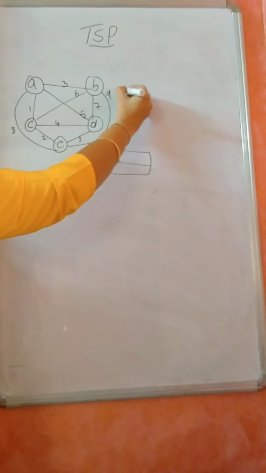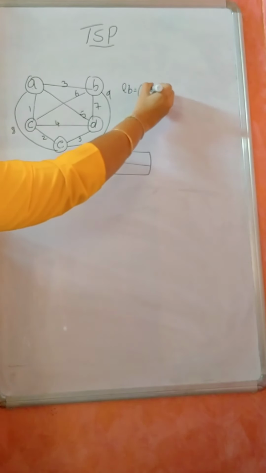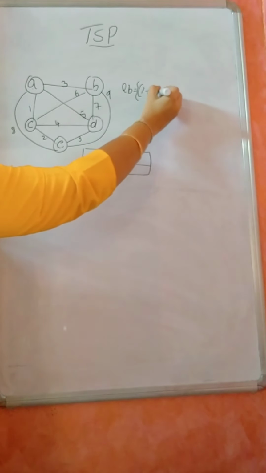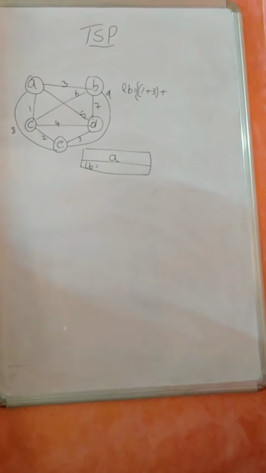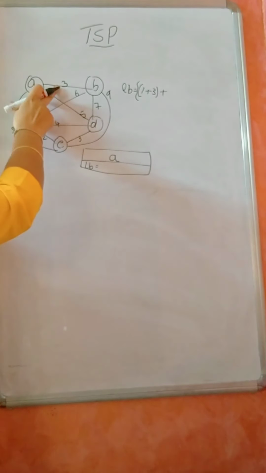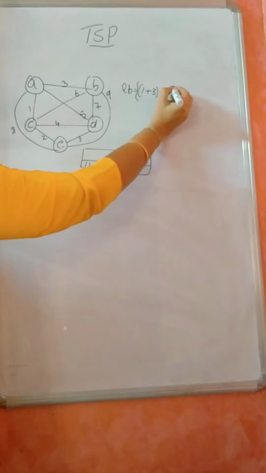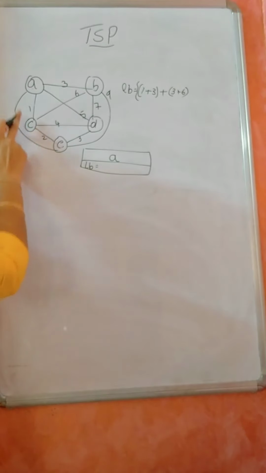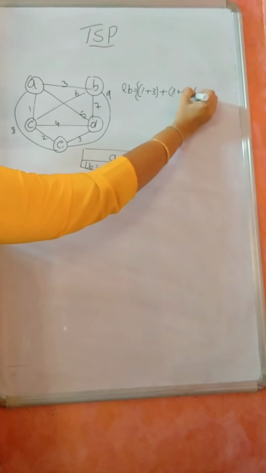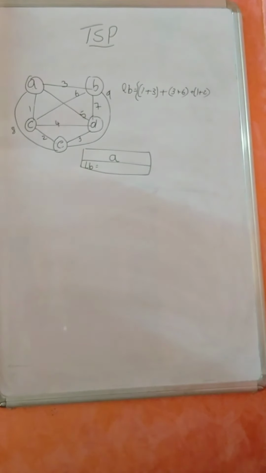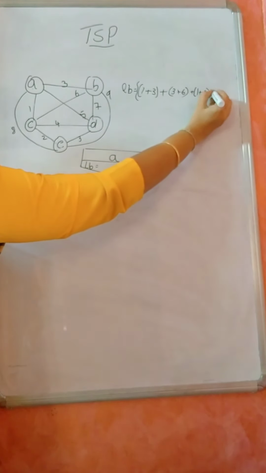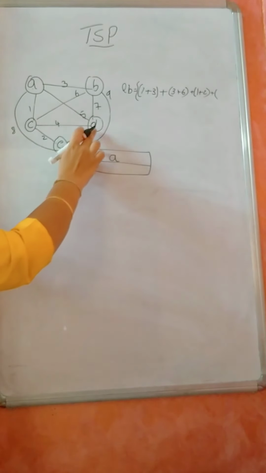1 and 3. So the initial lower bound is 1 plus 3, plus from B, the four outgoing edges are 3, 6, 7, 9, so the minimum is 3 plus 6. Next from C, 1 plus 2. Next from D, four outgoing edges, the minimum are 4 plus 3.